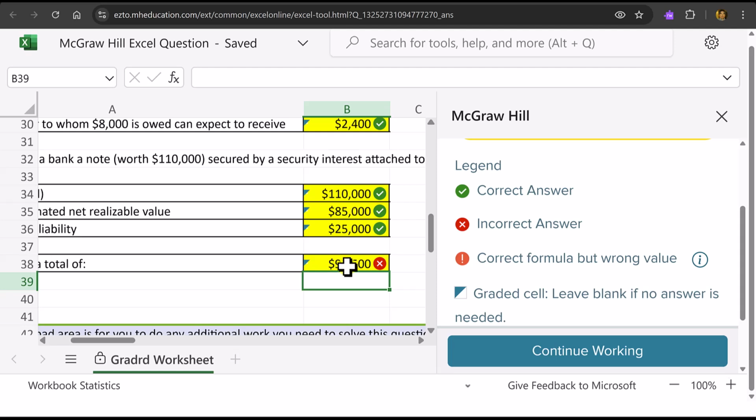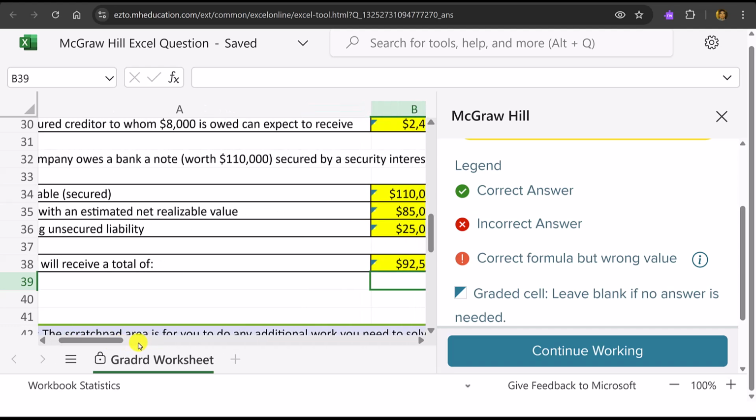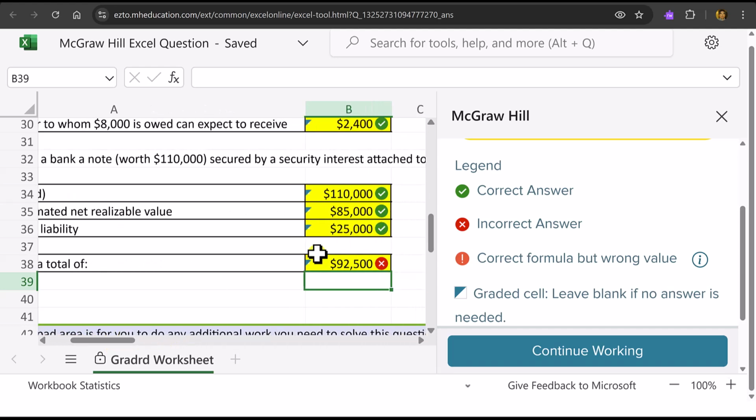Let me check out the answer key. The formula they want over here should result in the same 92,500. Remember, I got this by adding in this 85,000 and then taking the 25,000 times 30%, yeah?